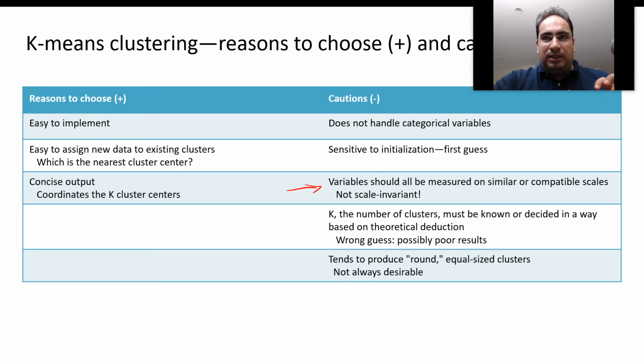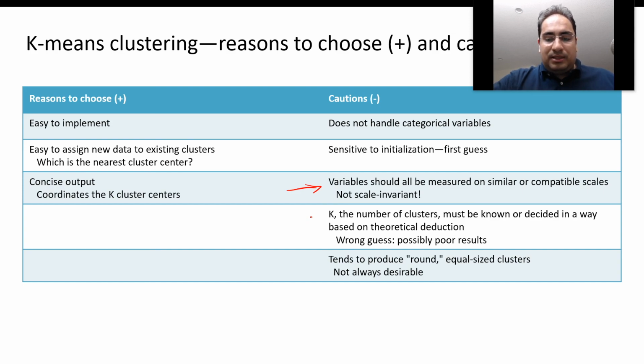If the variables have different scales, where the distance between values of one feature is larger than for another feature with a small distance, then the clustering will work more based on that specific feature that has a bigger interval in general. So make sure you do normalization or standardization, one of them, for this specific algorithm. It's not scale invariant.